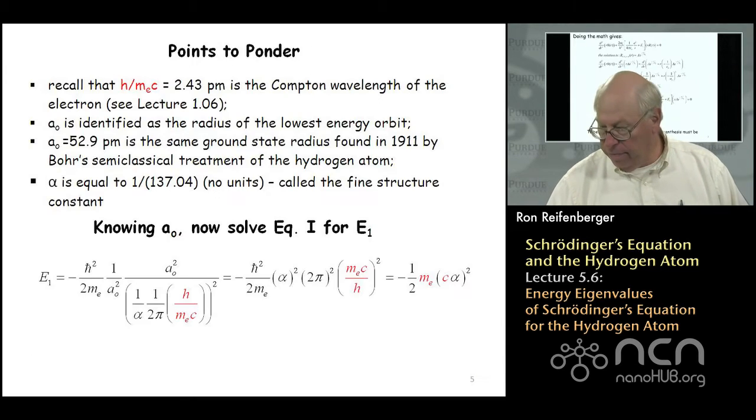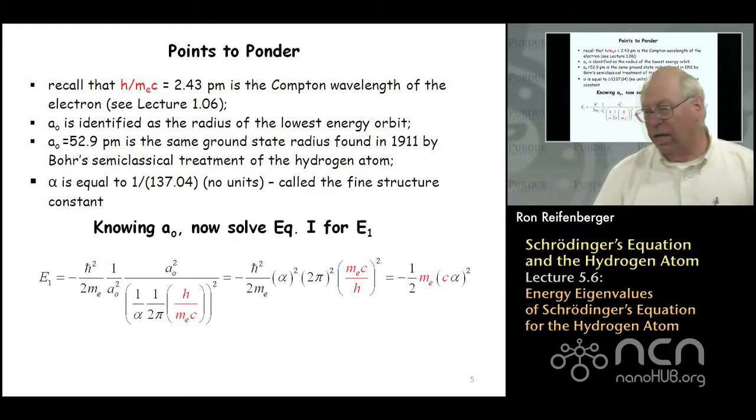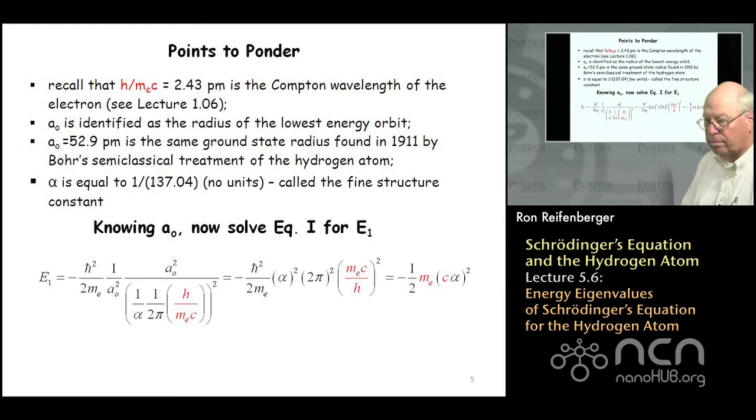Okay, a number of things to realize. Again, I just come back to this value for the Compton wavelength. That was 2.4 picometers, right? That figures into the calculation for the radius of this lowest energy orbit, A0.